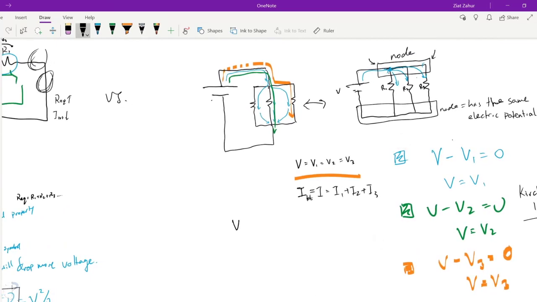Ohm's law would tell you that the voltage in resistor 1, V1, would equal I1 times R1. Now if I solve for I, I get I1 is equal to V1 over R1.